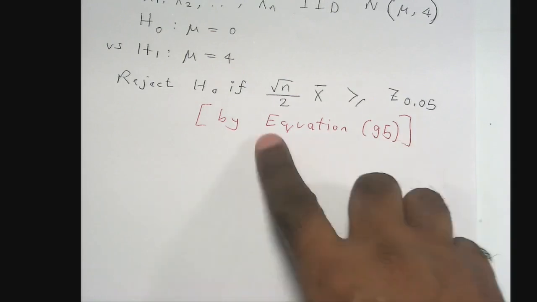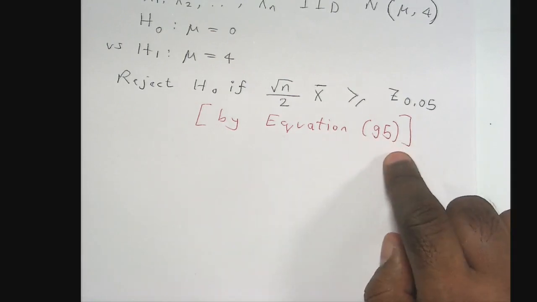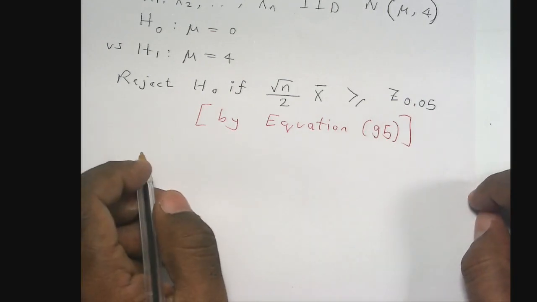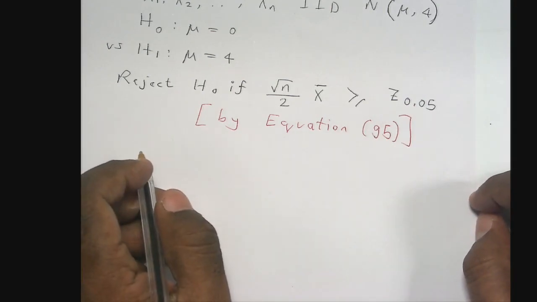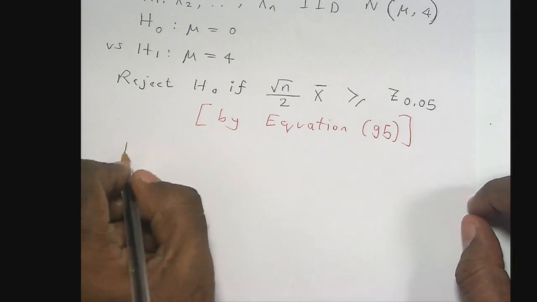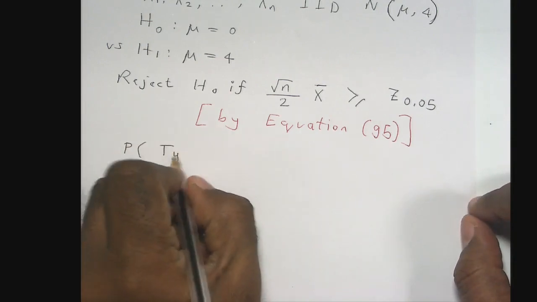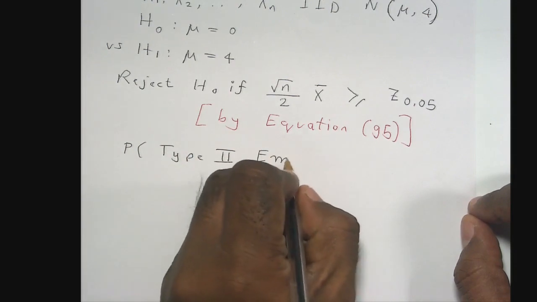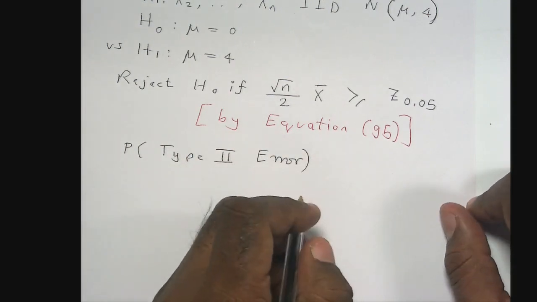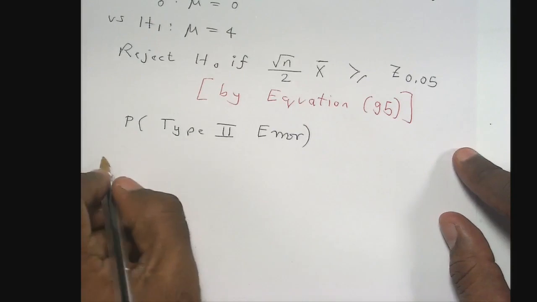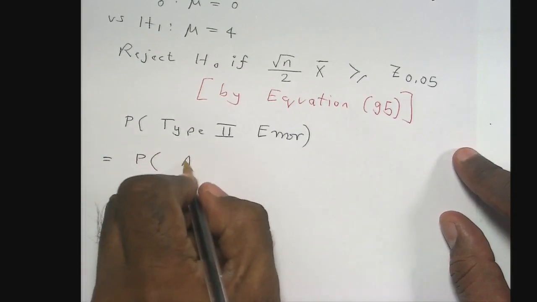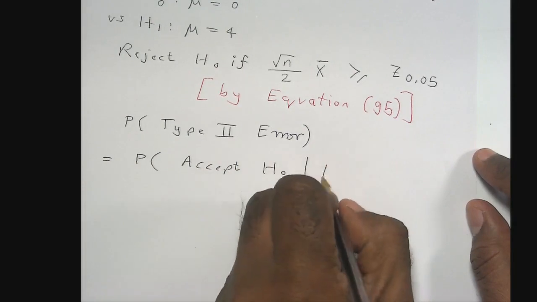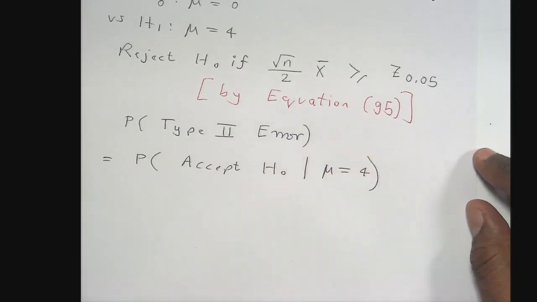That's why we are using equation 9.5. So this is the rule for rejection. And the question is to find an expression for the type 2 error. So we want to find the probability of type 2 error, which is the probability of accepting H0 if mu is equal to 4.